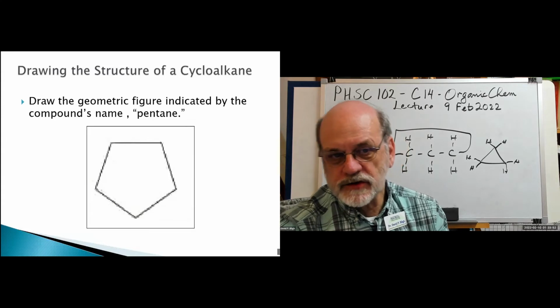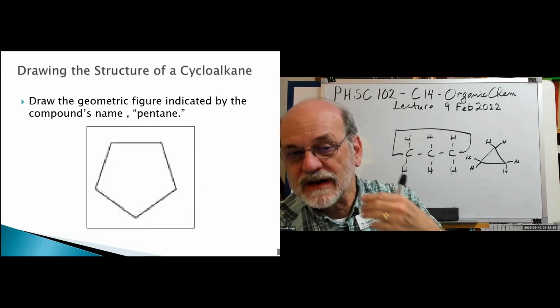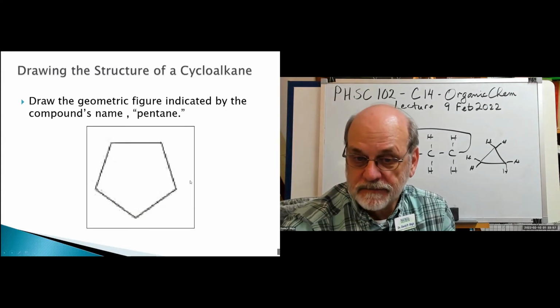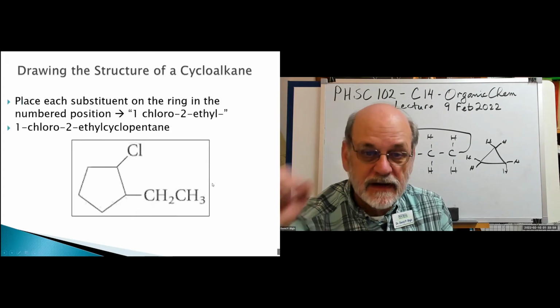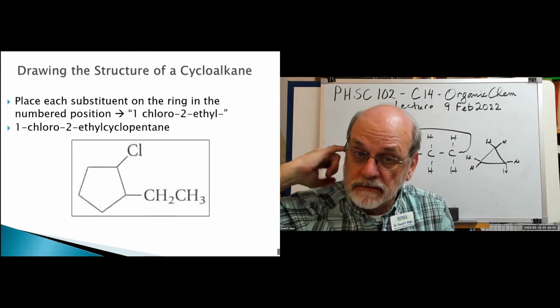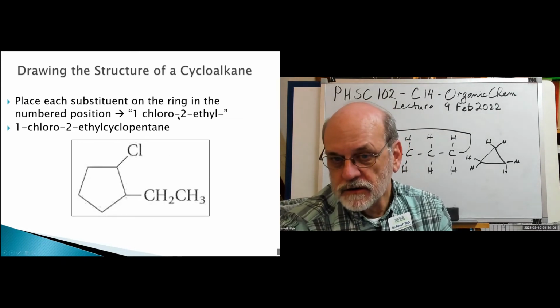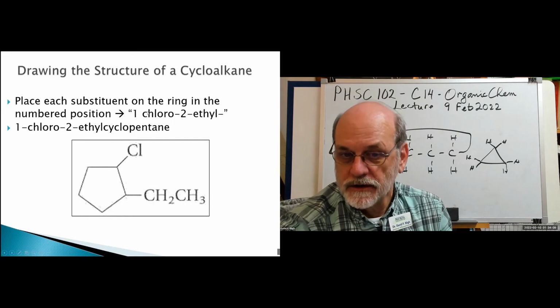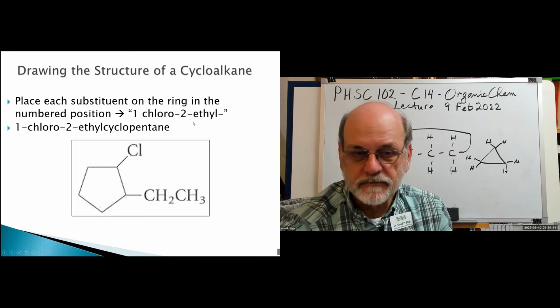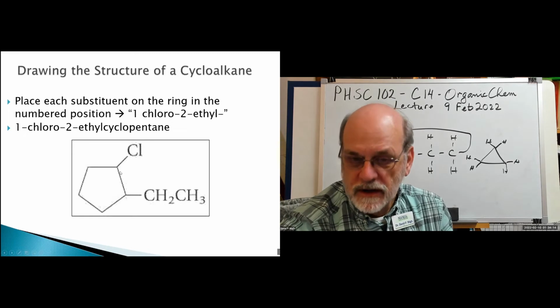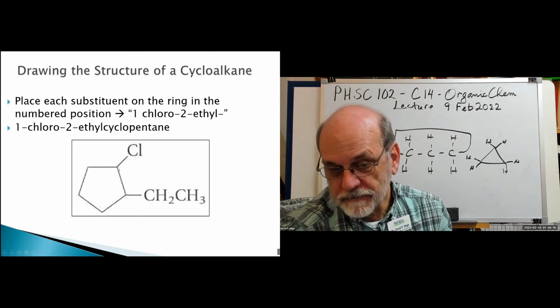Okay, so here's this geometric structure for cyclopentane. And we can add substituents to it also. For instance, here we've got 1 chloro, 2 ethyl. Okay, alphabetical order. C comes before E. So 1-chloro, this becomes the 1 position.